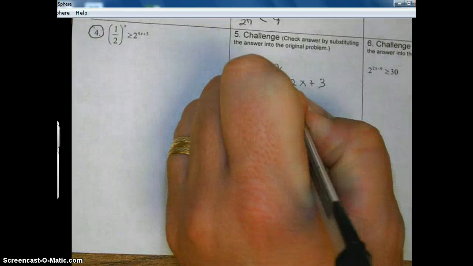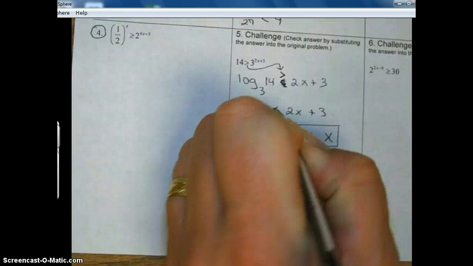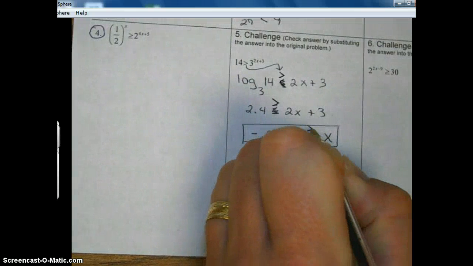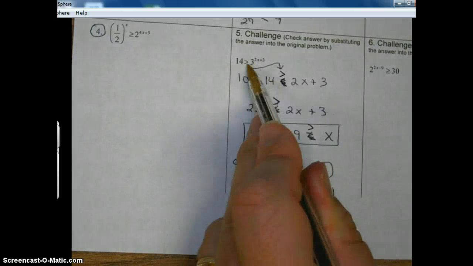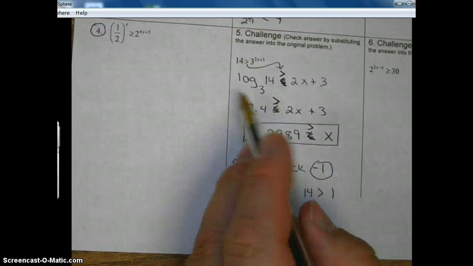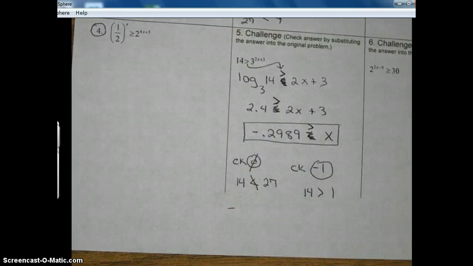So we're going to go back and make it a greater than symbol. And that's why we check our answers. Sometimes you do have to switch it depending on your check. So keep that in mind.